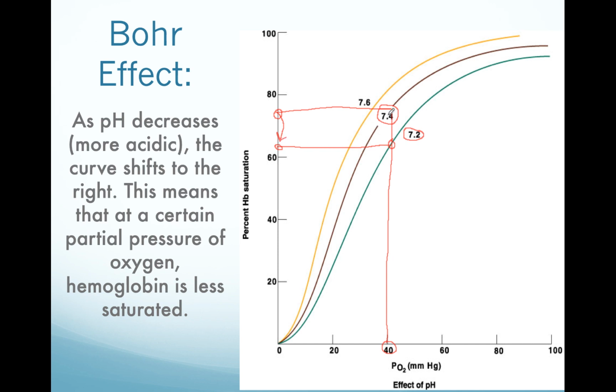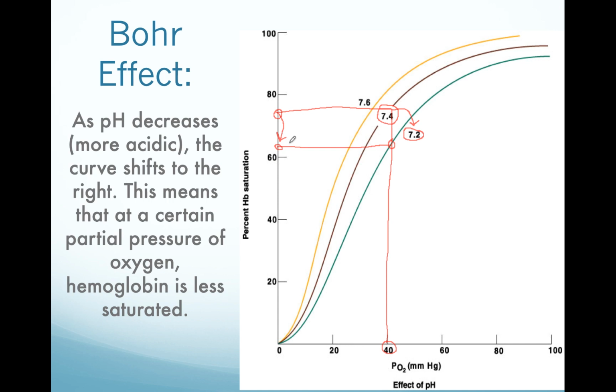So, it's safe to say that when pH drops down and becomes more acidic, the hemoglobin saturation also goes down. And you can write this statement down.